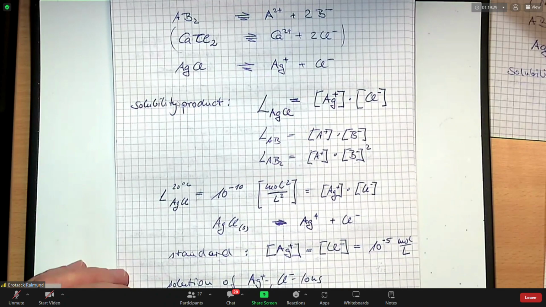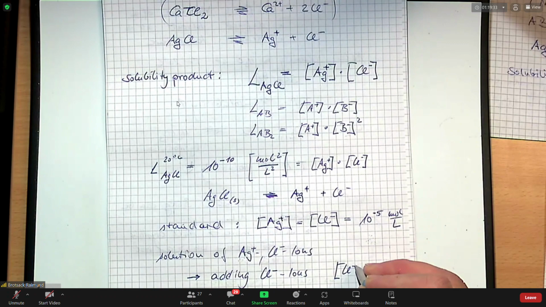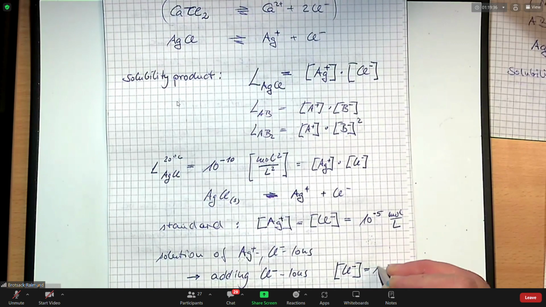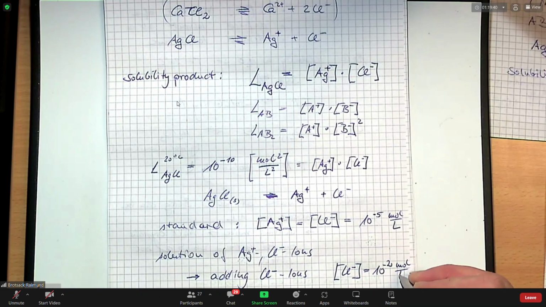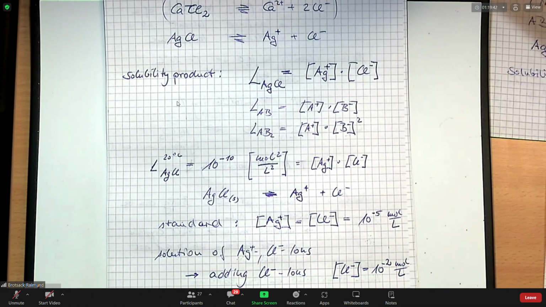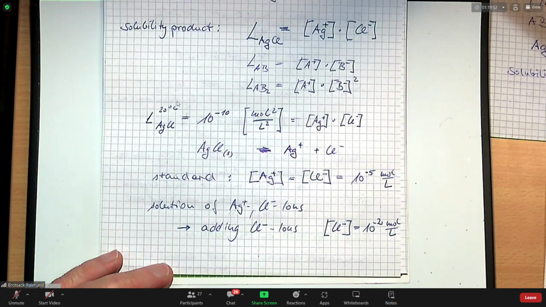For example, let's say we have now a concentration of Cl minus of 10 to the power of minus 2 mole over liter. What does it mean then for the concentration of silver in the solution? Very good. Maybe sometimes others are answering. Slow down.